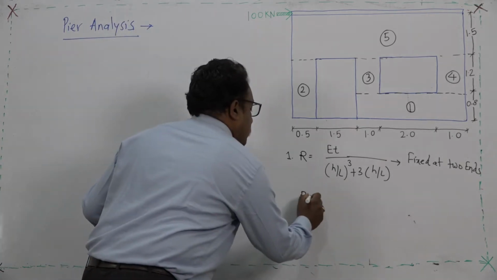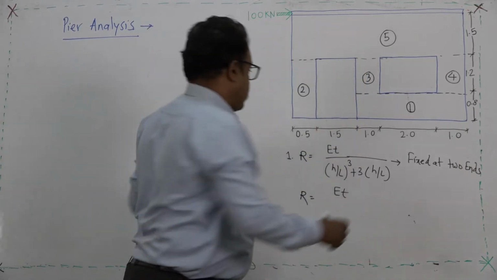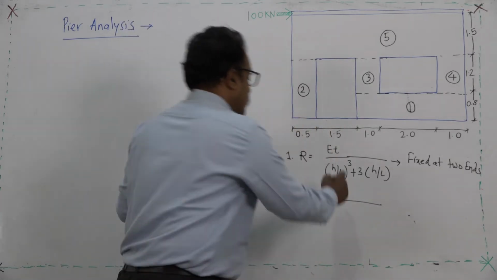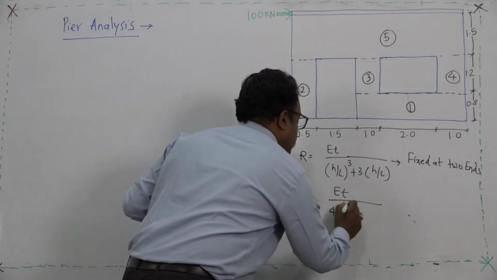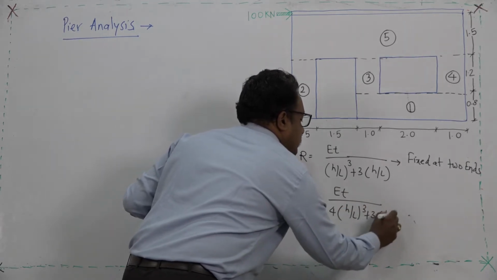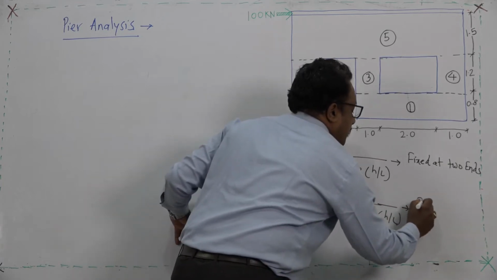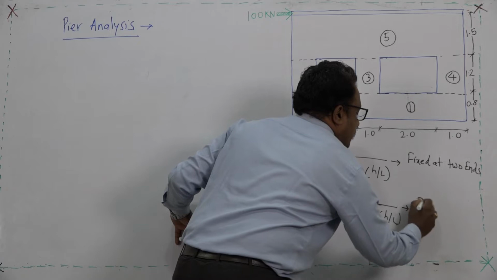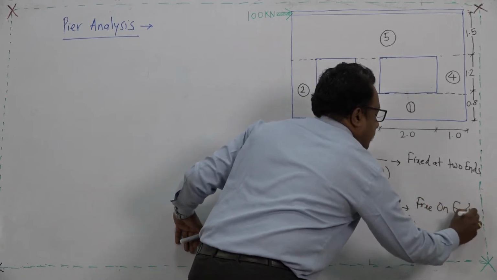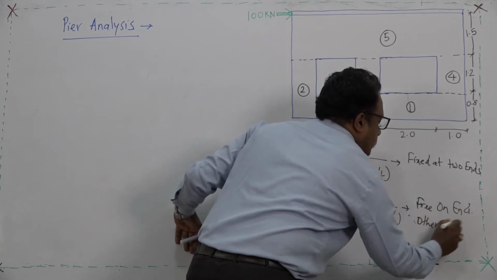The R will be different for a pier like pier 5, which has the top end free and the bottom end fixed: R = E t / (4 (h/L)^3 + 3 (h/L)). This is for one end free while the other is fixed.